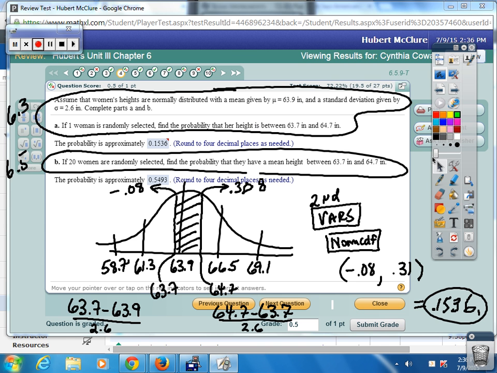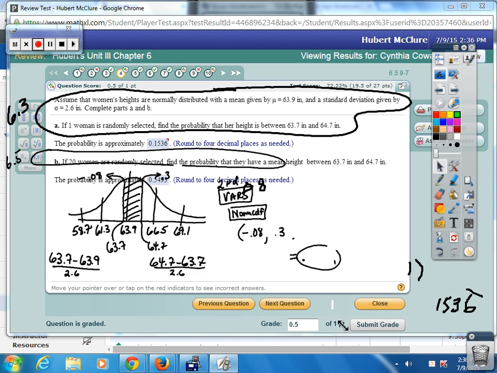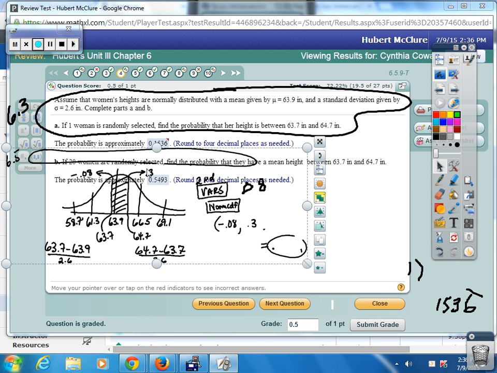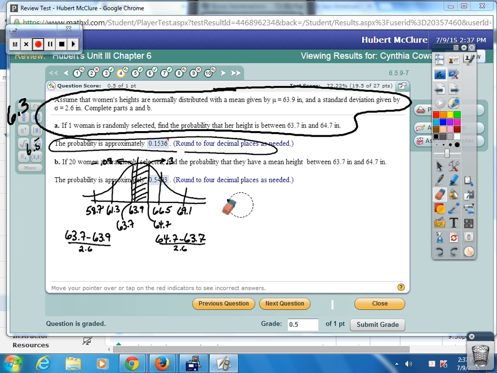So, let's get this down a little bit. Okay, let me move this up a little bit. So that's that. Now, instead of doing these two with 2.6, you're going to do the same thing.